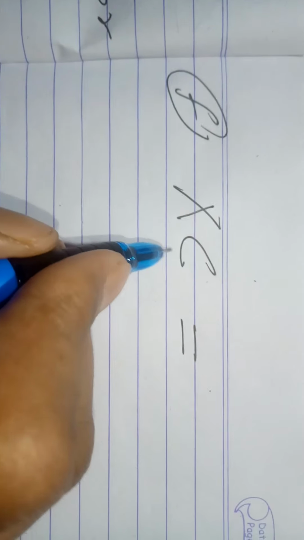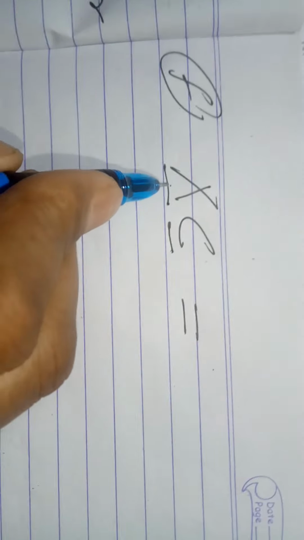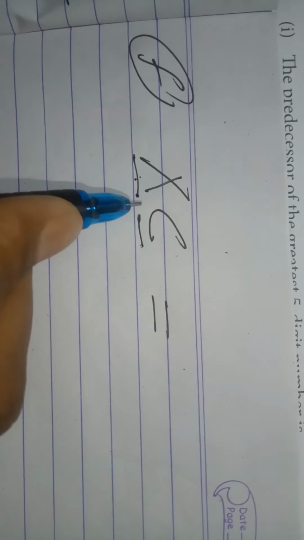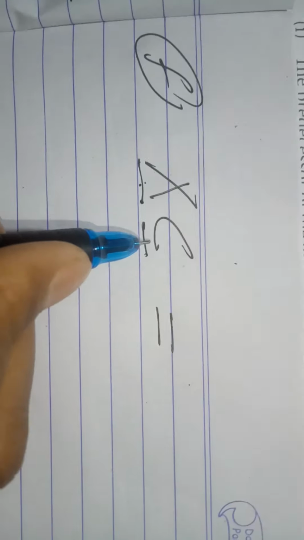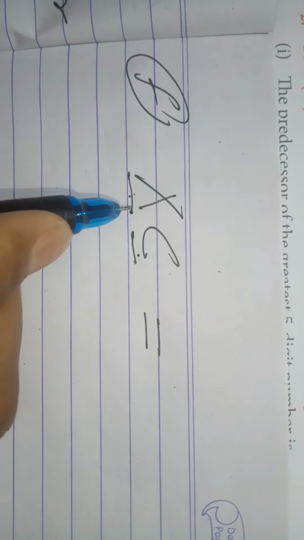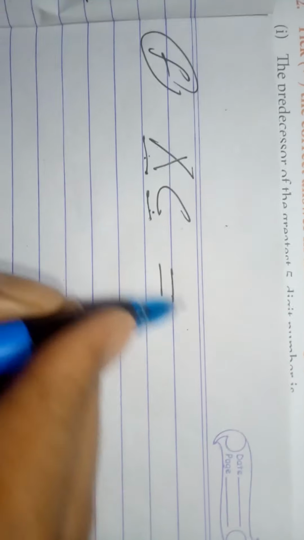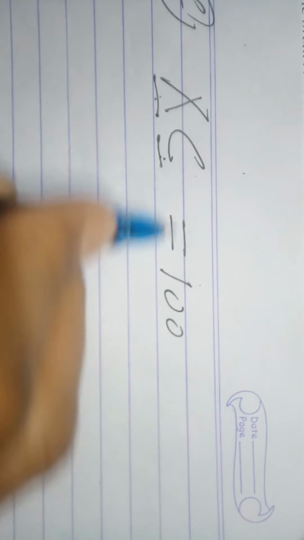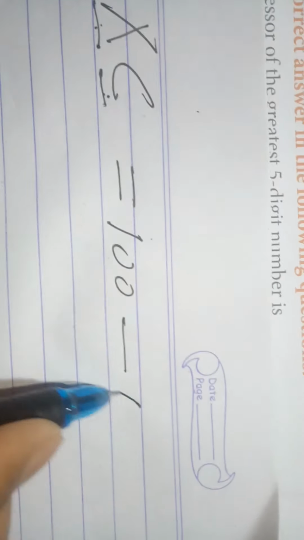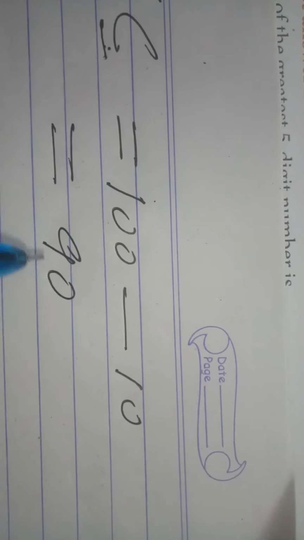In other words, X is the smaller value and C the larger value. If a smaller value is written to the left of a larger value, then it is subtracted. So C for 100, X for 10 minus 10. 100 minus 10 equals 90.